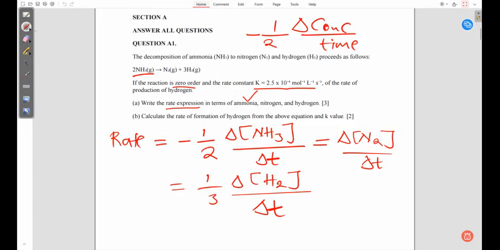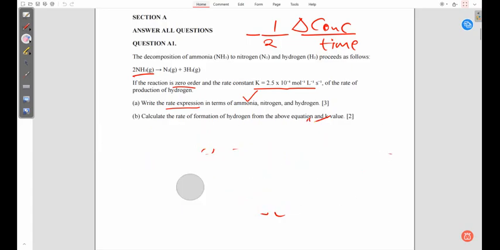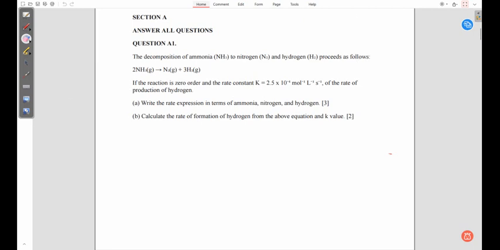In a case where they give you the change in concentration of ammonia, for example, and the time it took, you're able to determine the rate. In short, you should be able to determine the rate given any concentration and time of any of these, either the reactant or the two products. Okay, so that's for A.